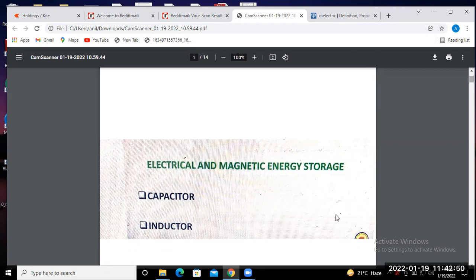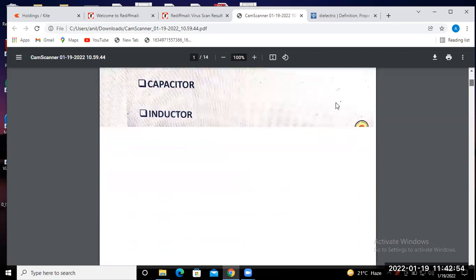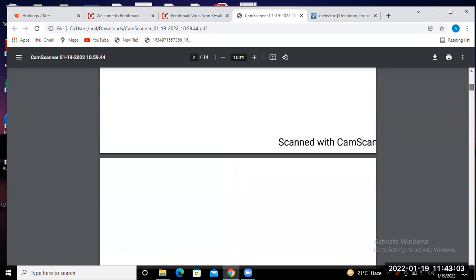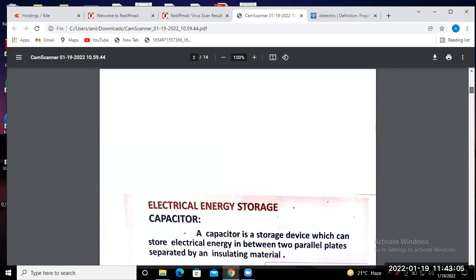I think you are already familiar with the capacitor and inductor. So I will just try to explain how we can store energy in the form of electrical in a capacitor and magnetic in an inductor.